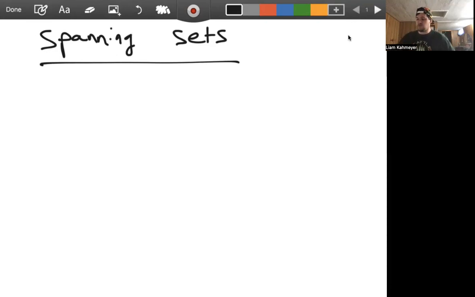And so the first thing we want to start with is a spanning set. So let's understand the intuition behind a spanning set, or what one really is. Let's say we have two vectors, u and v. So let's say u here, and then maybe some other vector over here, v.